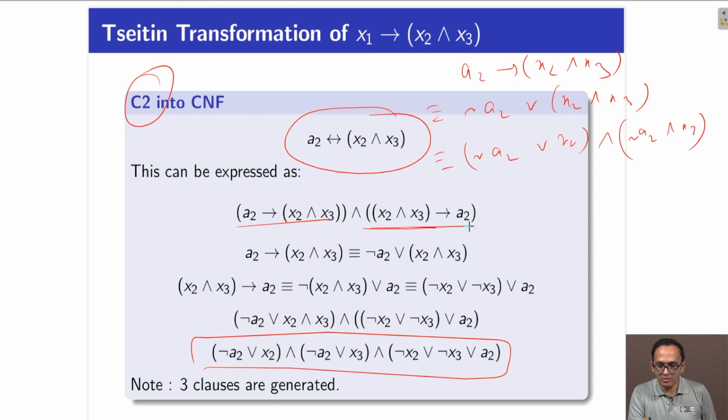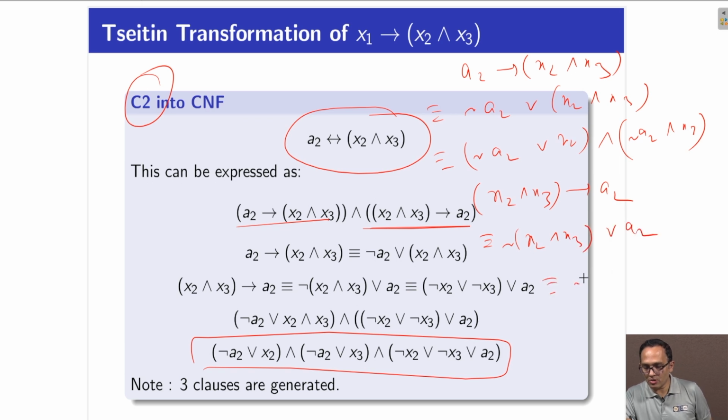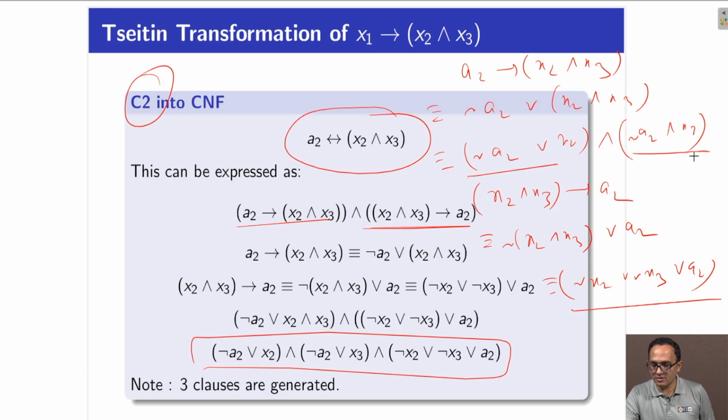And from the other direction, x2 and x3 implies A2, which is equivalent to not of (x2 and x3) or A2, which is equivalent to not of x2 or not of x3 or A2. So this is again CNF. So I get three clauses.